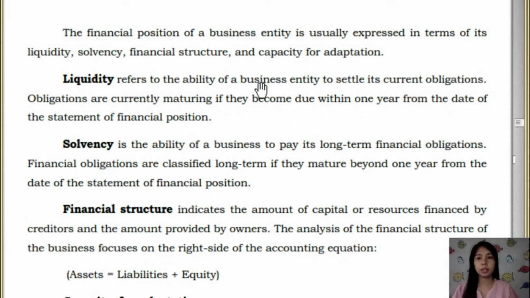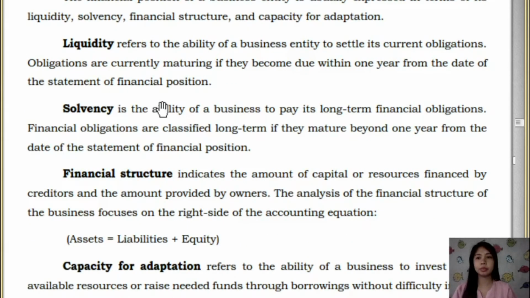Liquidity refers to the ability of business entity to settle current obligation. From the term itself, current obligation, you are just going to use the current asset and current liabilities to determine the liquidity. So, kaya bang bayaran ng company yung mga obligations from the current assets? Current liabilities, kaya ba siyang mabayaran ng mga current assets? So, ganun yung pinakamaiksing paliwanag kay liquidity.